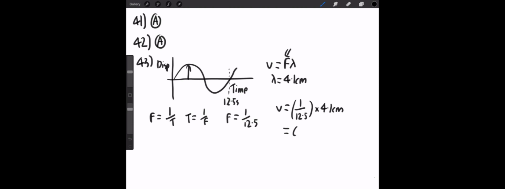And that gives about 0.33 centimetres per second, which is not one of the options. But option B is 3.3 millimetres per second, which is actually the same as that. So the answer must be B.